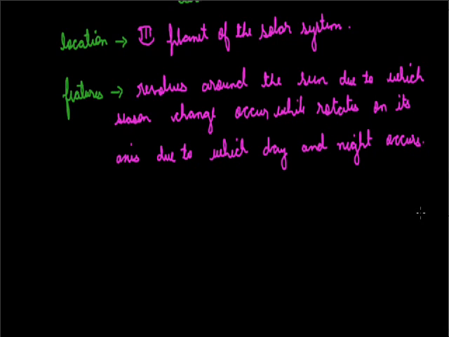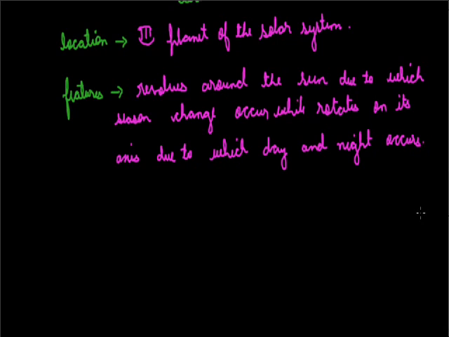In the case of Earth, we know that the Earth is tilted at an angle of 23.5 degrees. Due to its tilt, when the northern hemisphere is towards the sun, there is summer season.